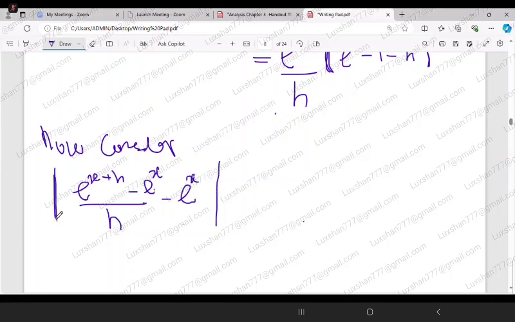Now we know that this is equal to mod of this one, because this is equal to this one. So we have e to the power x over h into (e to the power h minus 1 minus h).